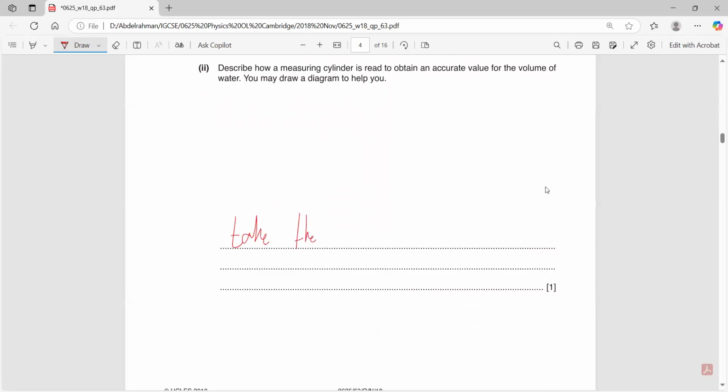Take the reading perpendicularly to avoid the parallax error.